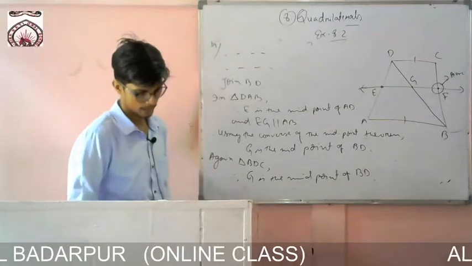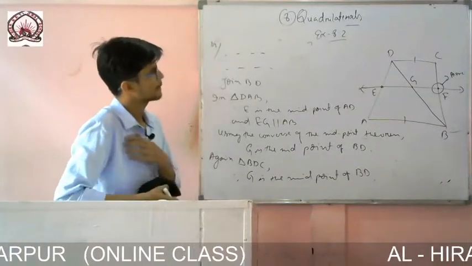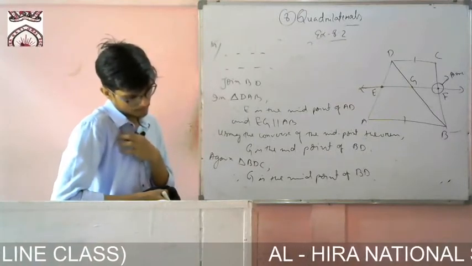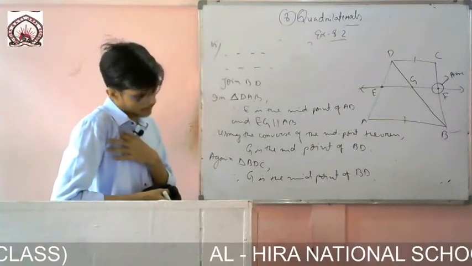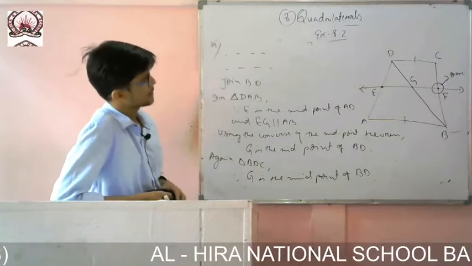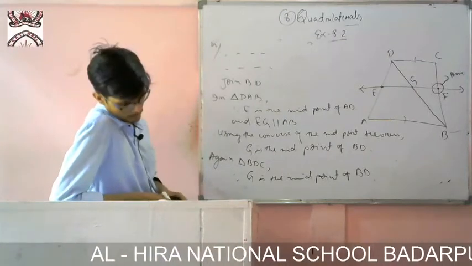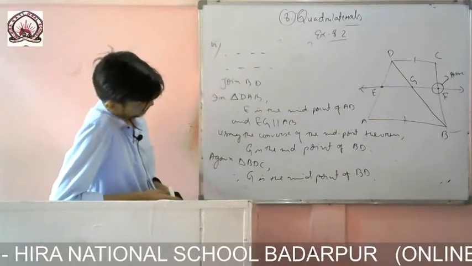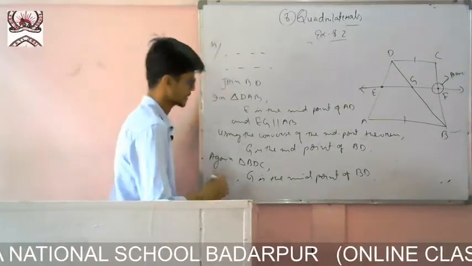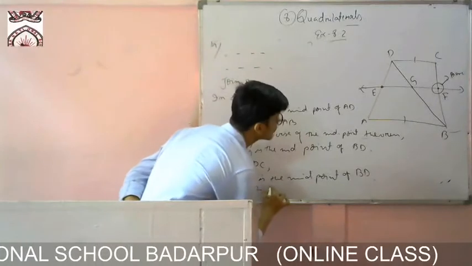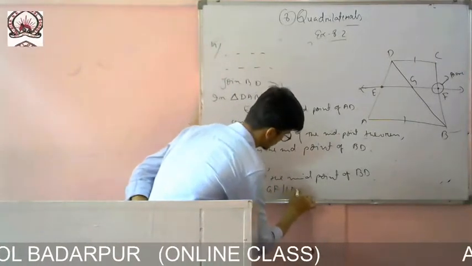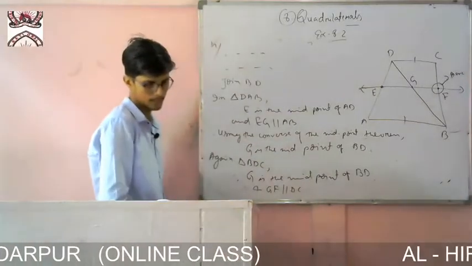How is GF parallel to DC? You see here, AB is parallel to DC, and EF is parallel to AB. GF is a part of EF, so from there I can write GF is parallel to DC.